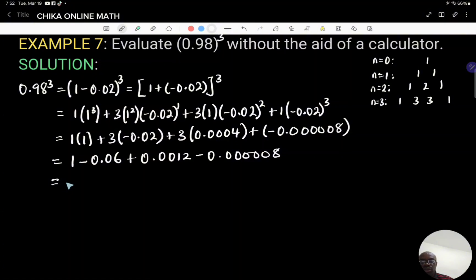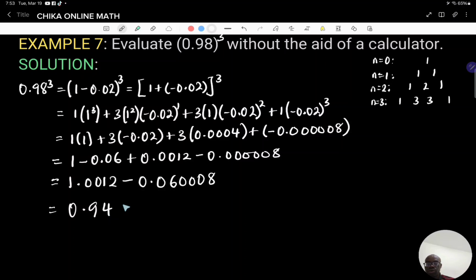If you add the positive, 1 plus 0.0012 is 1.0012. Then the negatives, which are minus 0.06 and minus 0.000008, give minus 0.060008. So we do the subtraction and we get 0.941192.